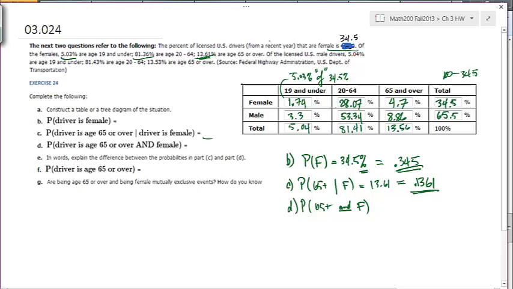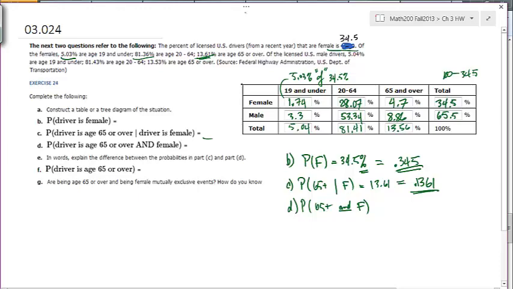This number 13.61, as we saw in the previous problem, is the probability that we select a 65 and over person who's also female, or given that we're looking at the female population. Here, out of all the population, all the men and women that we're talking about, what's the probability that they're both 65 and over and female.